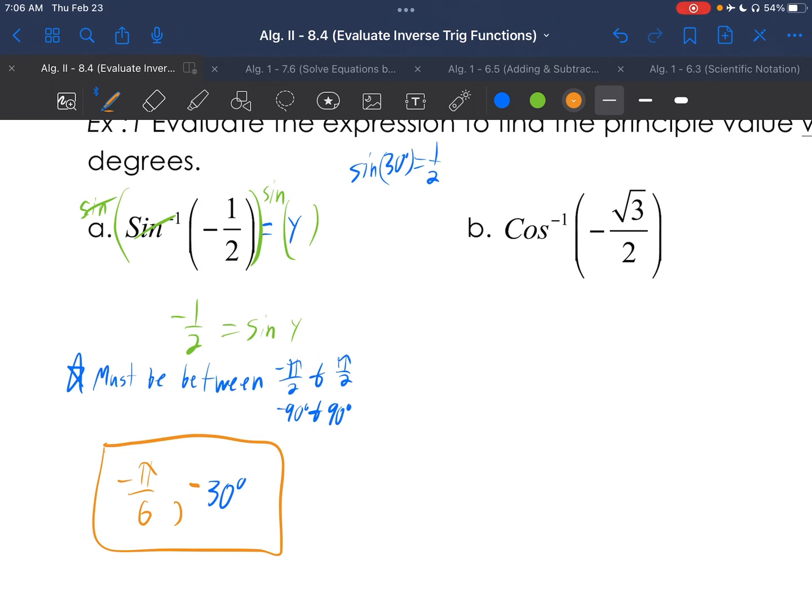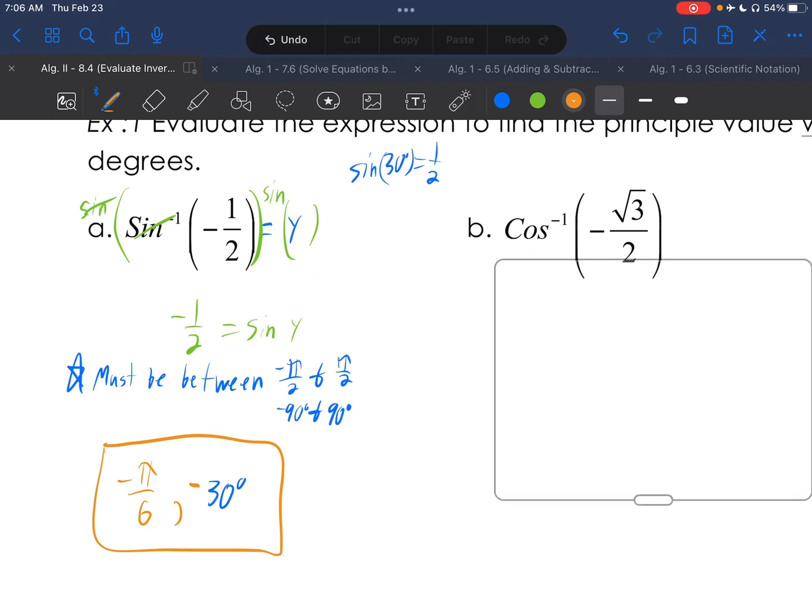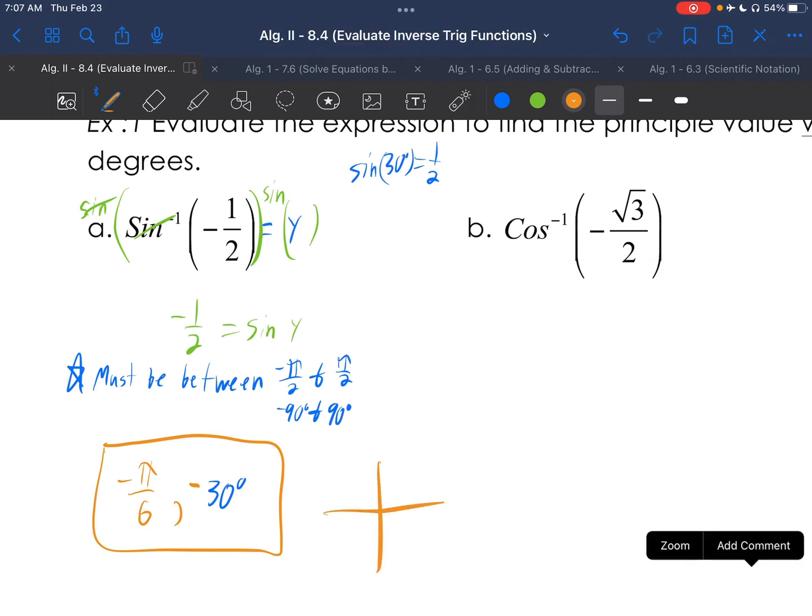And for it to be negative, what quadrants is sine negative? What quadrants does inverse sine exist in? The overlap there is quadrant 4, so it must be negative 30 degrees, which is in quadrant 4. Quick reminder in a picture, this would be negative 30 degrees, the angle right there.